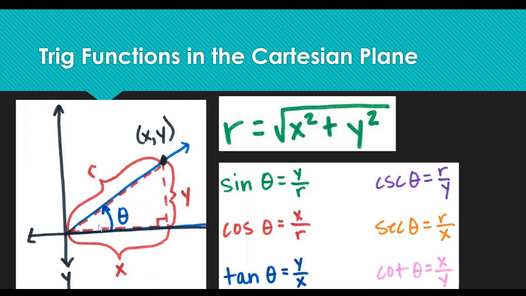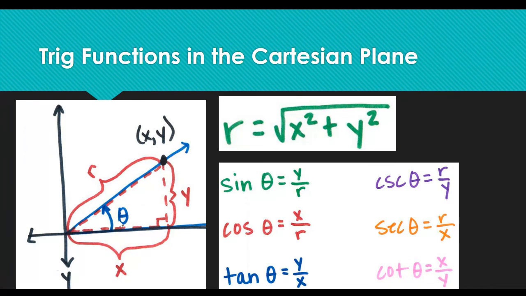And so Pythagorean theorem is going to say x squared plus y squared equals r squared, which means r is always the square root of x squared plus y squared. And r is a distance, so r is always positive. X and y can be negative depending on where they're located on the graph, but r is always positive.